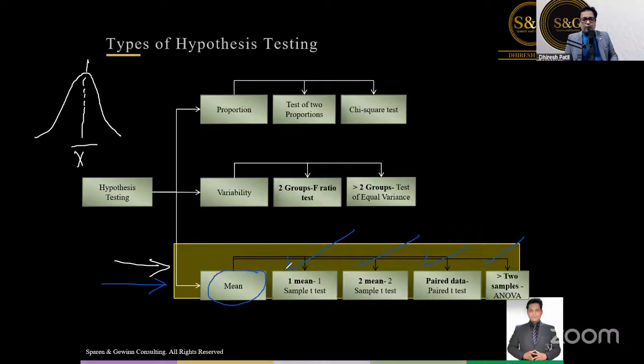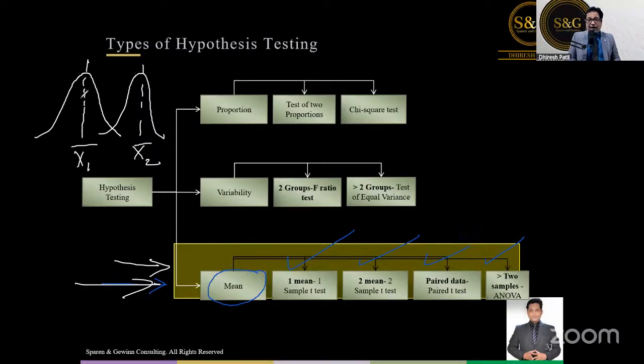Okay. Now, if you want to compare the mean of this sample with another mean, this is x bar 1 and x bar 2, then we go for this line: 1 sample t-test, 2 sample t-test, pair t-test, and ANOVA. Clear? That is for mean.